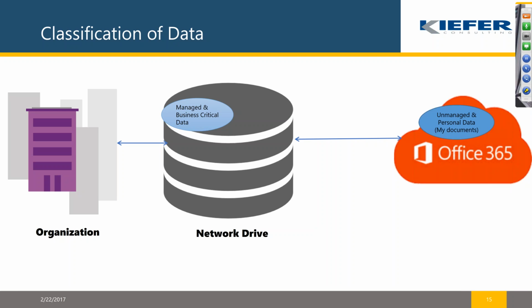The reason is that a OneDrive for Business account is very tightly integrated with the individual identity. In a typical organization's network drive, you can create a folder, call it HR, and give permissions to HR groups, which is not the case in OneDrive for Business because there is no identity for HR.